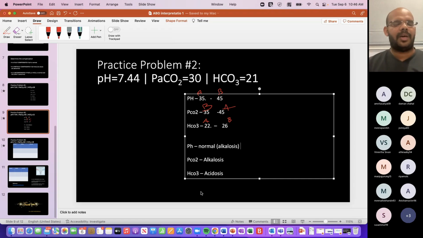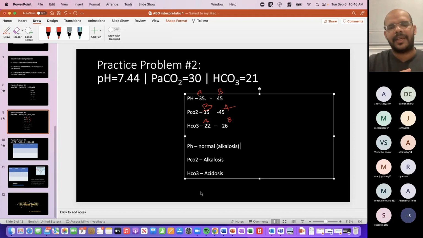Now tell me what is the problem here? Respiratory alkalosis, because the pH is normal but in the borderline of alkalosis.